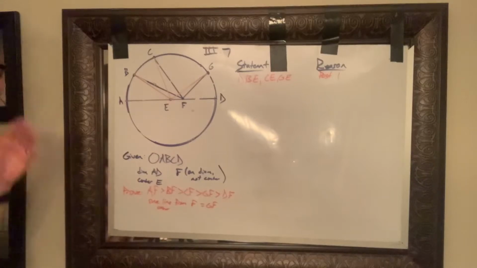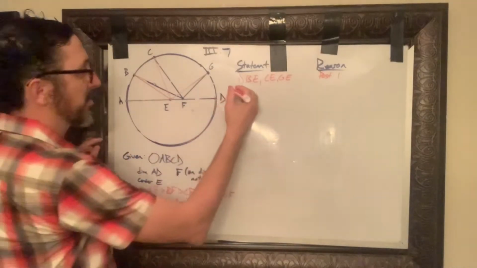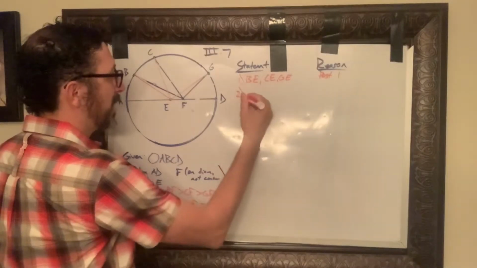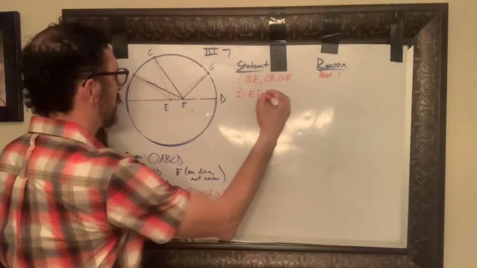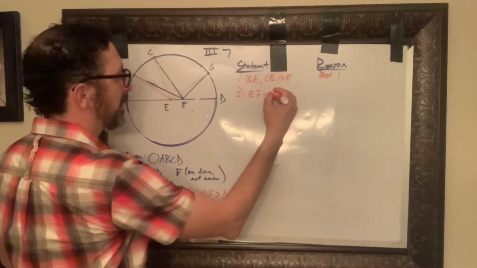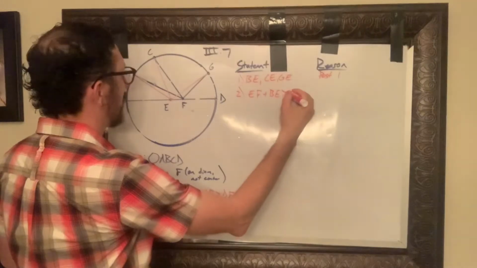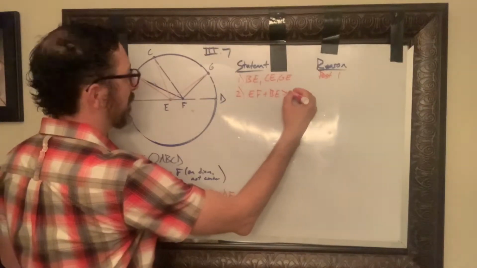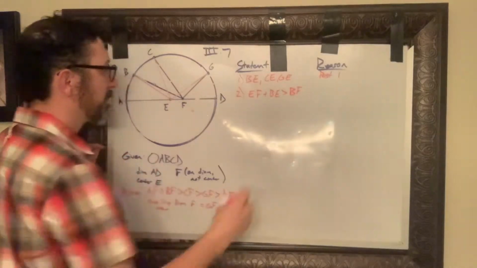Okay. And so then we are going to say this. We're going to say that EF plus BE is greater than BF. Okay.